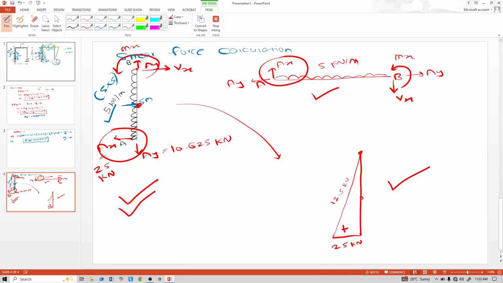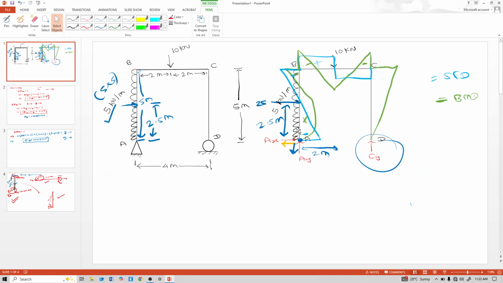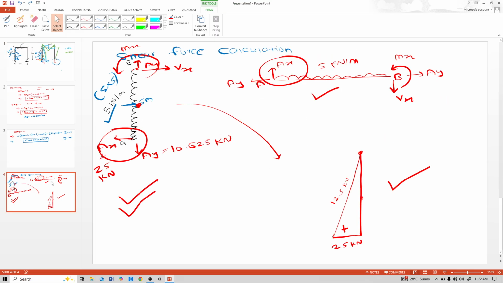And our earlier shear force was wrong, so let's delete this. Okay. This is the shear force for that AB element.